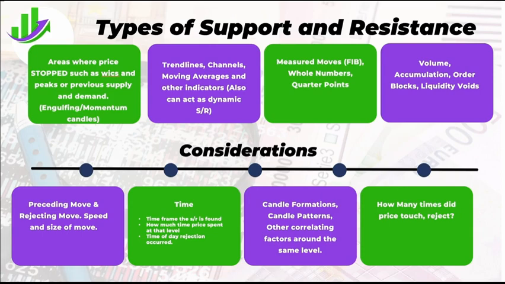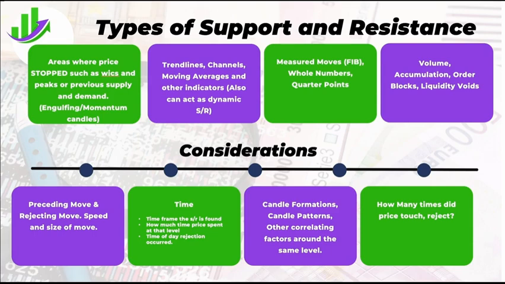A lot of people put psychological levels into this category and or the next one, such as volume, accumulation, order blocks, and liquidity voids. All of these things, in theory, are support and resistance and or previous supply and demand, right? So again, we're going to lump all this together and call these little areas of interest as a way of learning to see the chart, as a way of training your eyes to see these areas of interest so you know how to react.